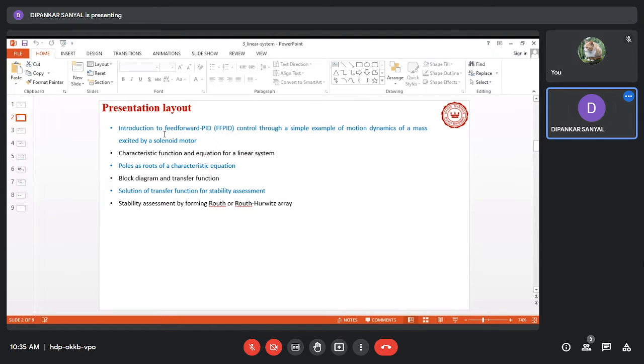last part. For a nonlinear system, we split it into two parts, a nonlinear part and a linear part.